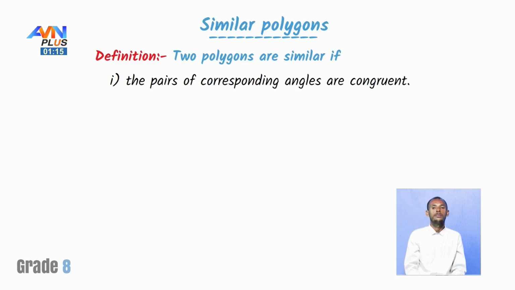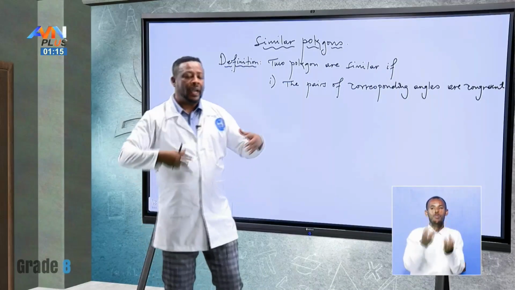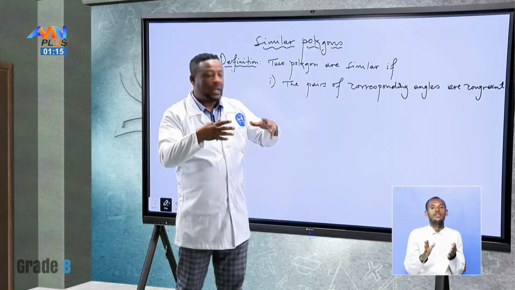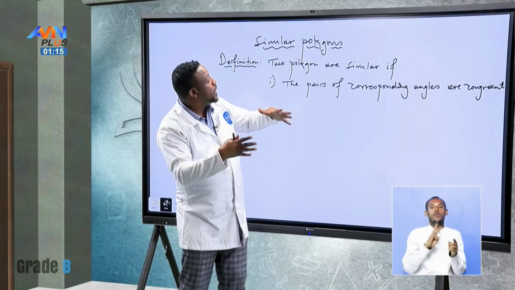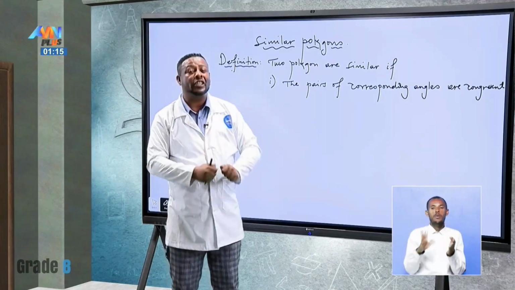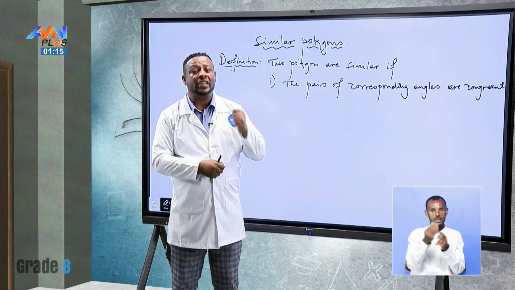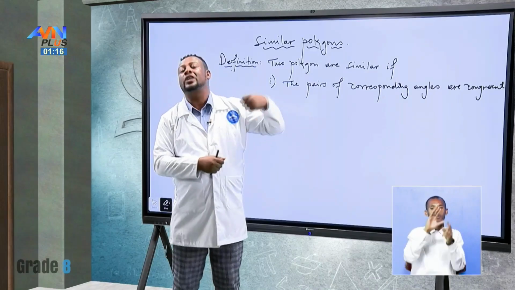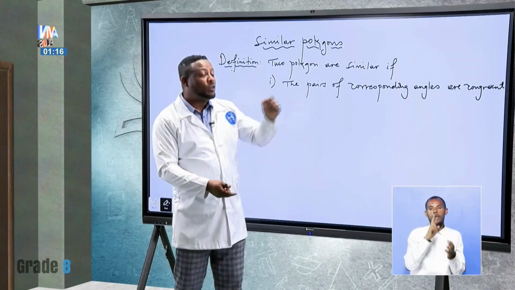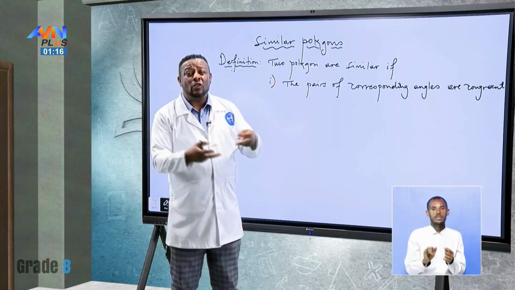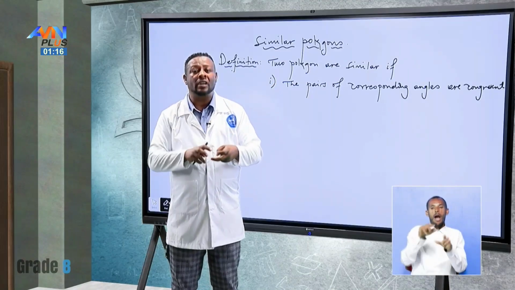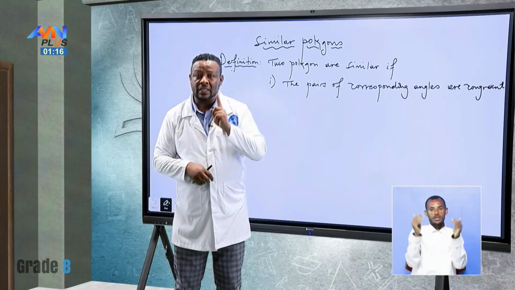Whenever we compare two polygons, we need to consider two conditions, a necessary and sufficient condition, to say the two polygons are similar. One of the conditions is that the pairs of corresponding angles of the polygons should be congruent. This is one criterion.